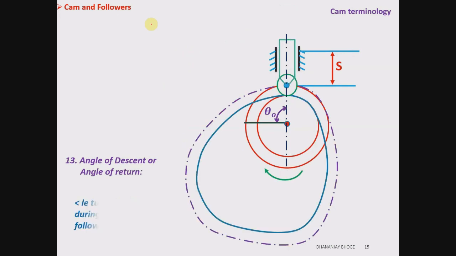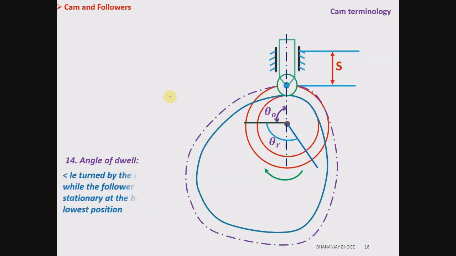Angle of descent or angle of return is the angle turned by the cam during the time when the follower returns to the lowermost position from top to bottom. Say this is, for example, the angle turned by the cam during the return stroke of the follower, which is indicated by theta r.